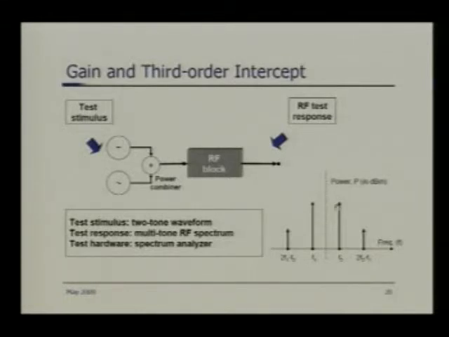Let's say it is 15 dBc, so it means that whatever power level you measure at the output, the linear component, compared to that, this IMD tone or intermodulation distortion tone has to be 15 dB lower from the linear component power level. Okay.